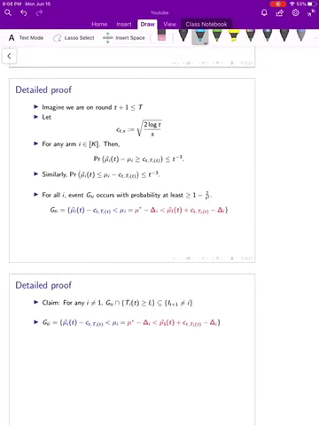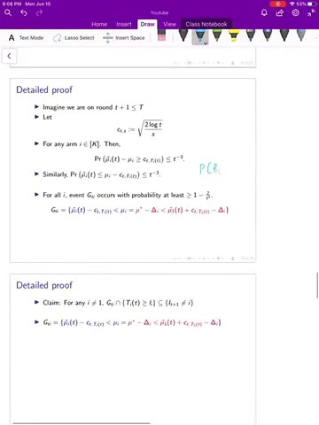Remember, our goal is to bound the probability of B_t,i. So for that purpose, we are going to define a new event G_t,i as follows.